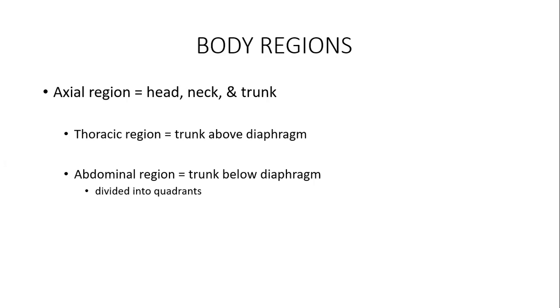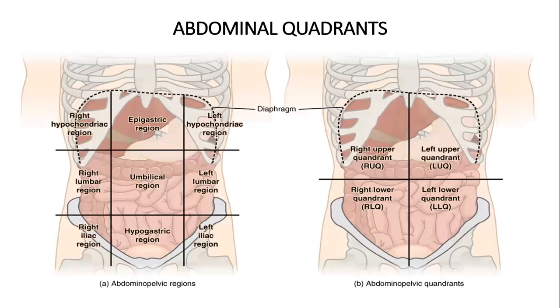You don't have to memorize where all the body parts are and where all the structures are, but just understand that you might hear that the patient is having pain in their right upper quadrant of the abdominal area. So we want you to understand what those terms mean. So the abdominal is split up in different ways.